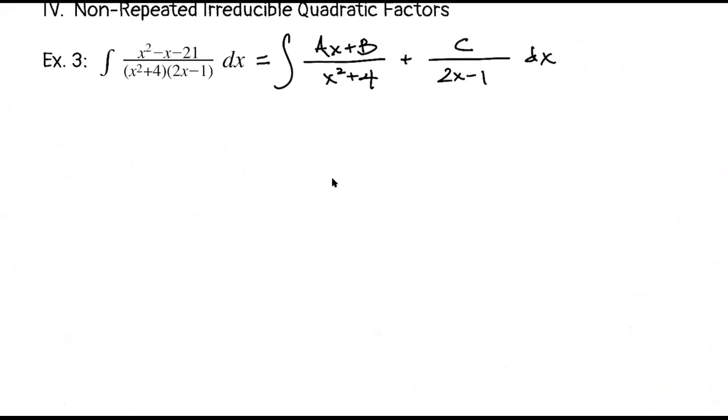So when I write my numerator, I'm going to get x squared minus x minus 21. And I have the first numerator as ax plus b. And that denominator is only missing the 2x minus 1.